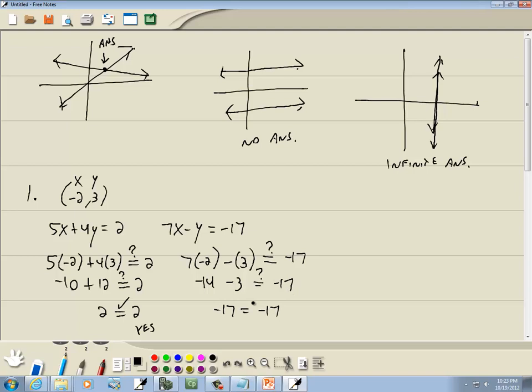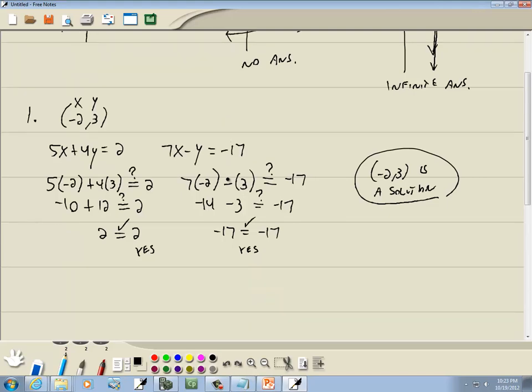So you see they're both equal to each other. -17 is equal to -17. So the answer to this one is yes. And since they're both yes, then this is a solution. Now, if one of them had been no, then we wouldn't have had a solution.